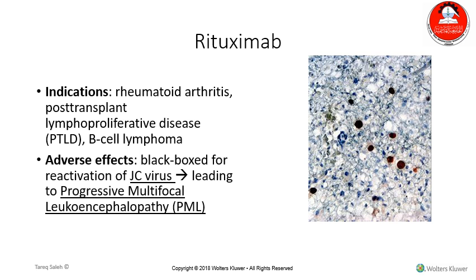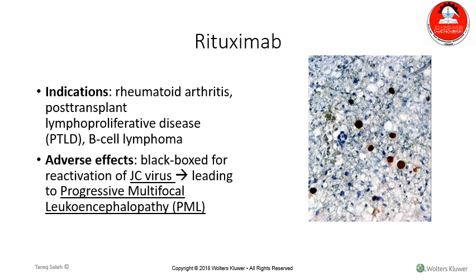It can be used for the treatment of certain cancers, such as B cell lymphoma, right? Because B cell lymphoma and certain types of leukemia, these originate from B cells. And those tumor cells also express the protein CD20. This means they can be targeted by rituximab and killed by rituximab.